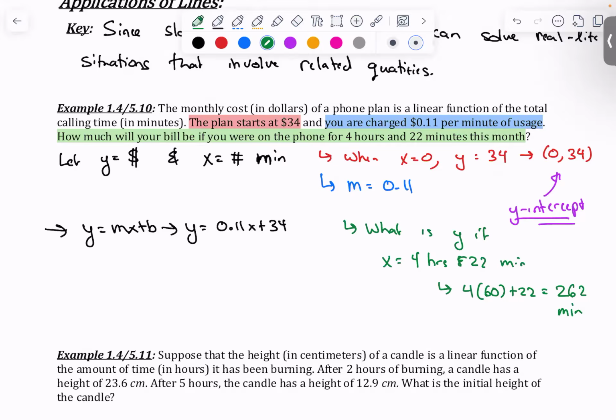So we replace x with 262 and we will be done. y equals 0.11 times 262 plus 34, which is equal to $62.82. Any questions on that?